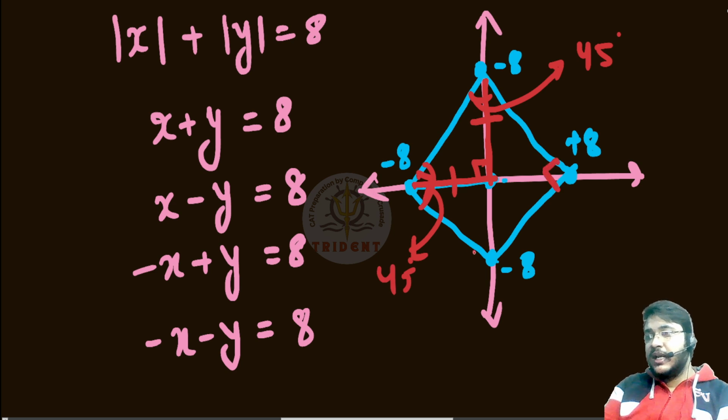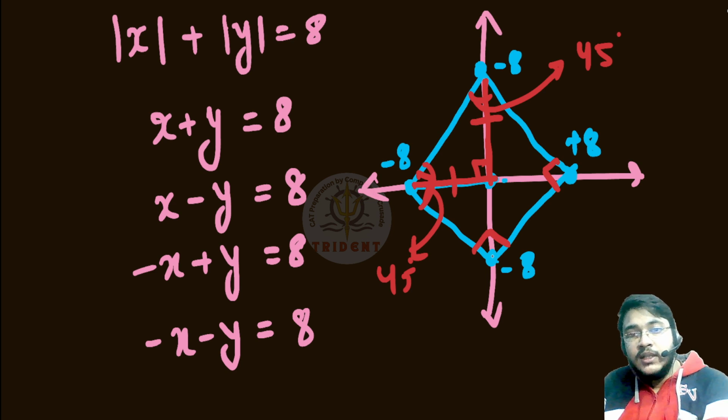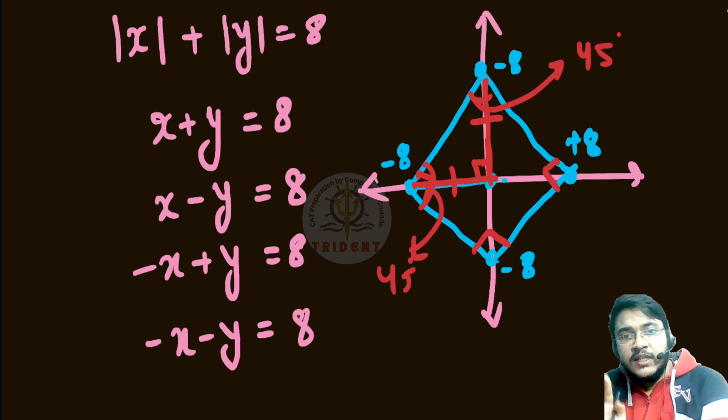So what are the properties of a square? A square is a rhombus, which in turn is a quadrilateral with all the sides equal, and all the internal angles equal to 90 degrees. If it is a rhombus and all the internal angles are 90 degrees, it's a square.